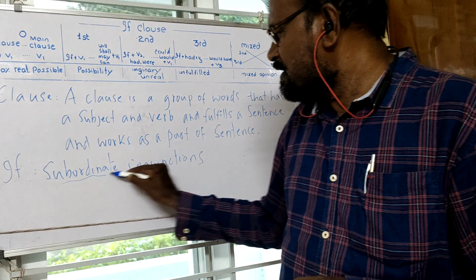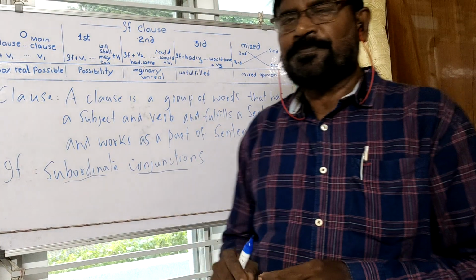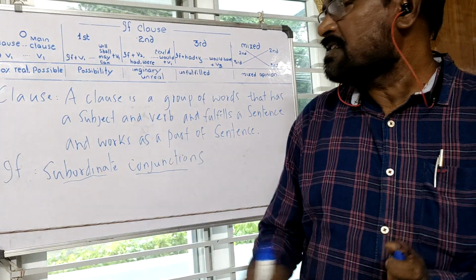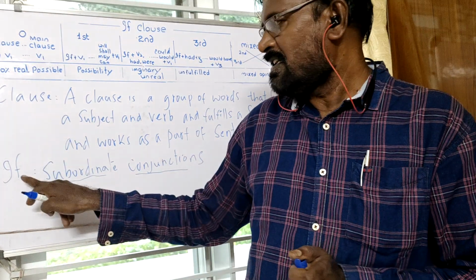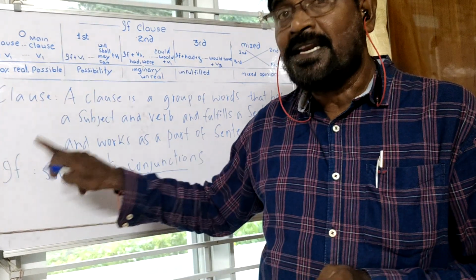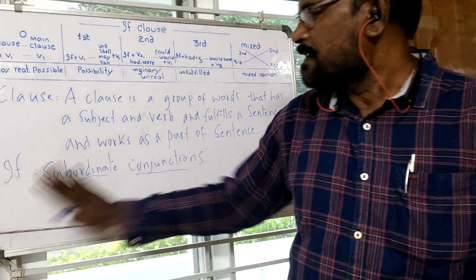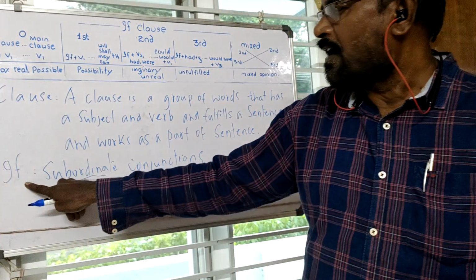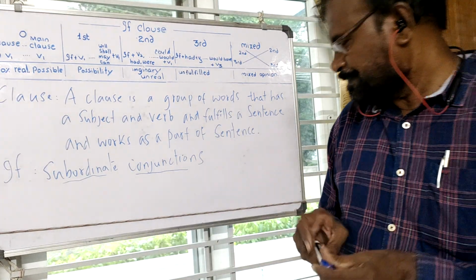A subordinate conjunction is a conjunction that joins a part of a sentence, or a subordinate clause, to the main clause. That is its duty, and if does that duty, so we call if a subordinate conjunction.